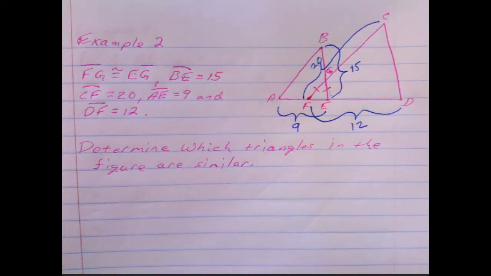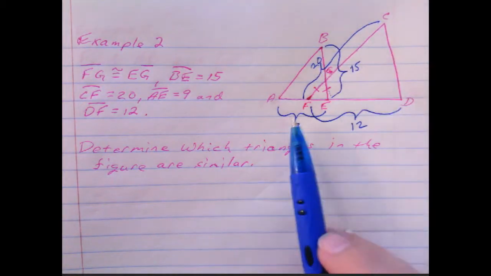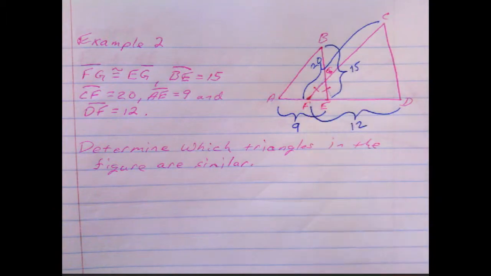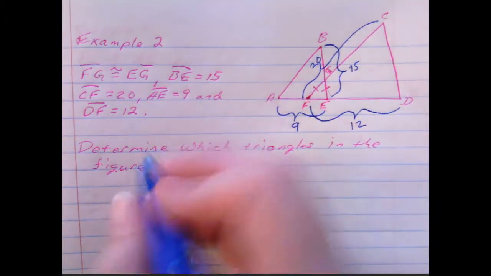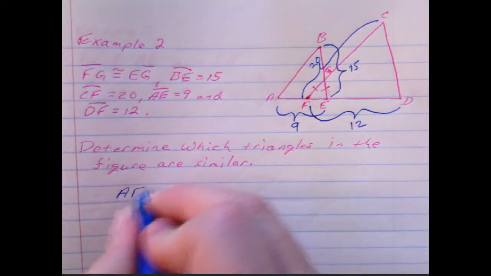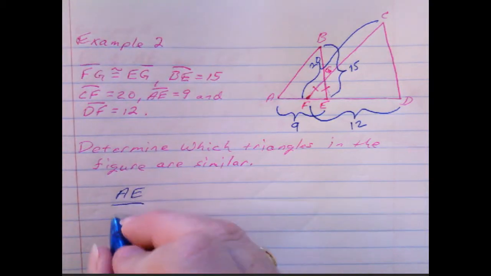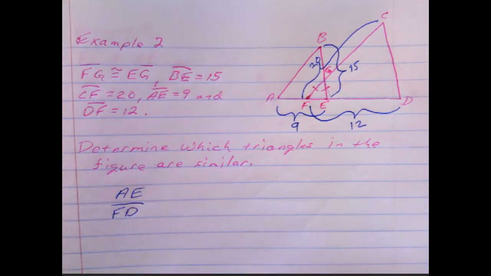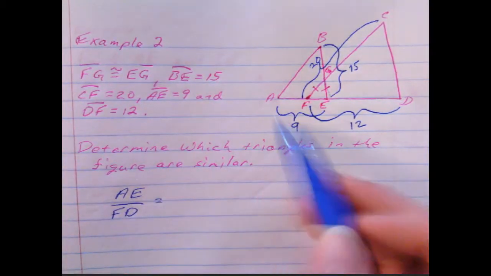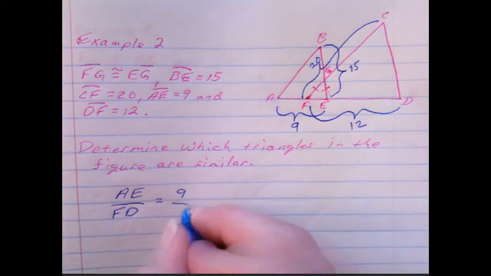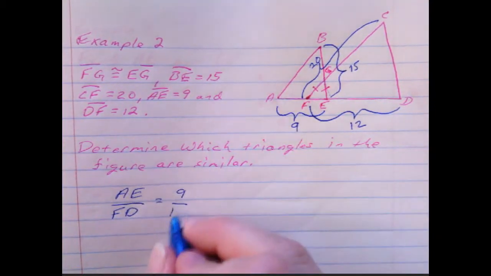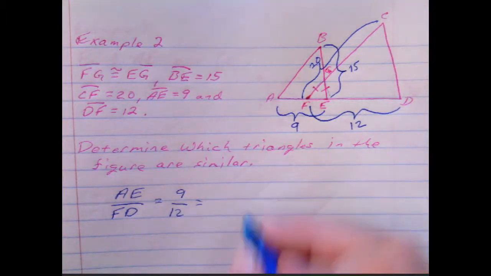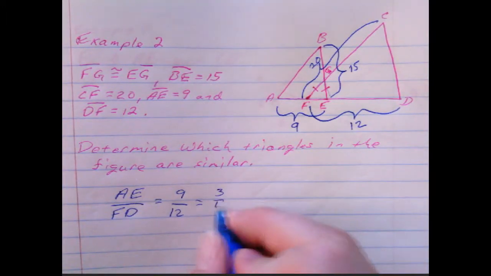Alright, so let's start out. We're going to be looking at seeing if we can find a scale factor that's going to be the same. So I'm going to look at AE over FD. Now AE is 9, FD is 12, so that gives me a scale factor of 3/4.